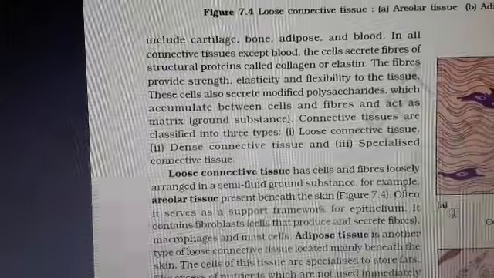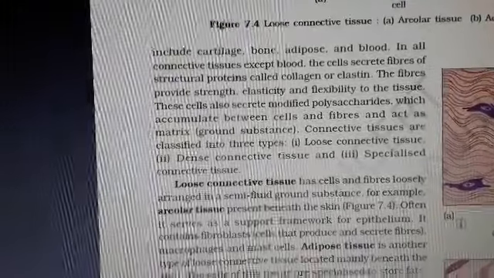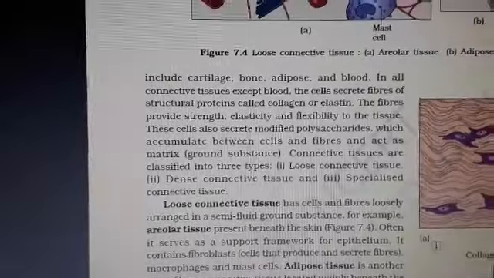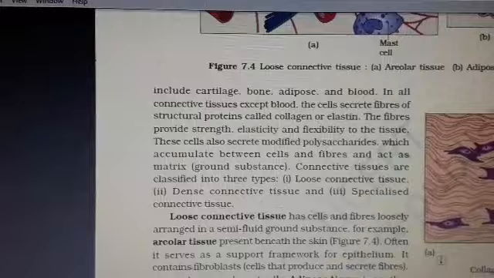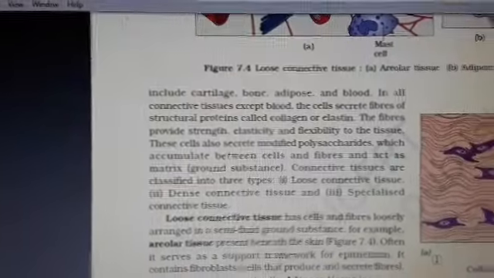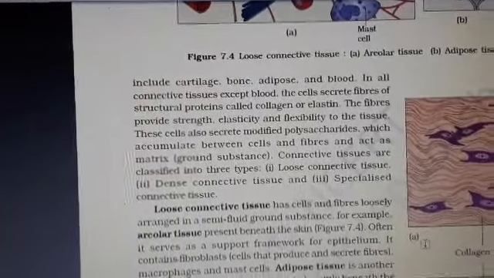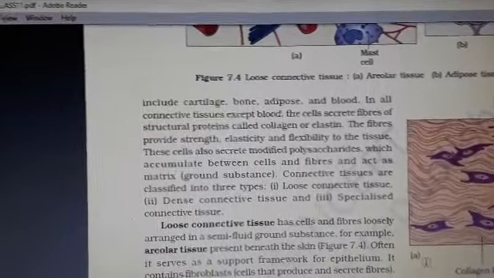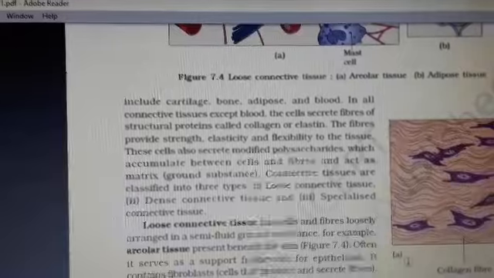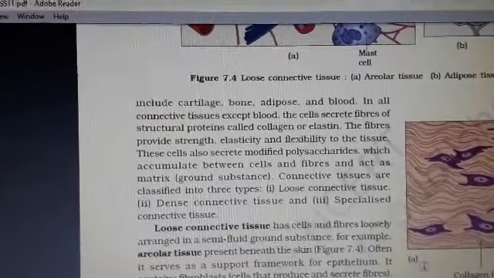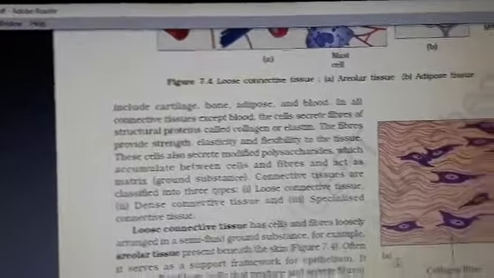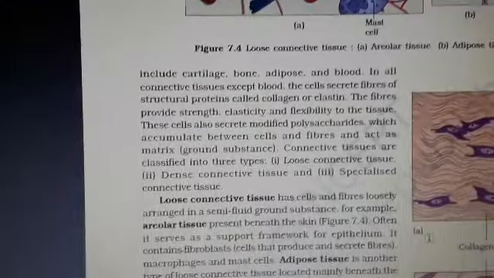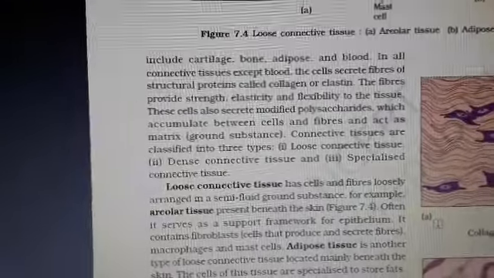We all know that blood is a main circulatory fluid which helps to circulate things, hormones, nutrients, minerals. So blood is a main connective tissue. Why? Because it's connecting things. I think you have understood what I'm trying to say.